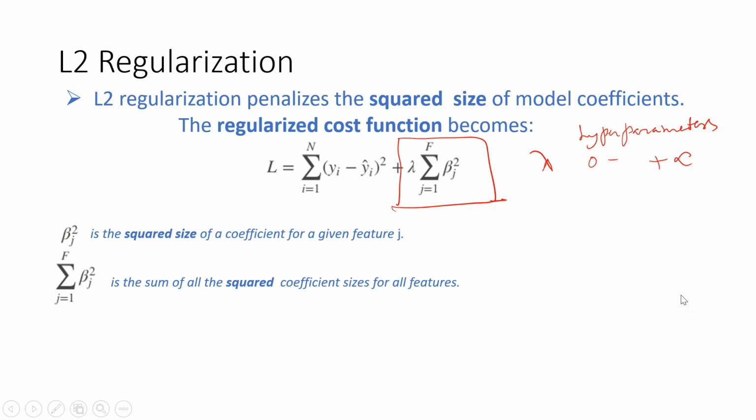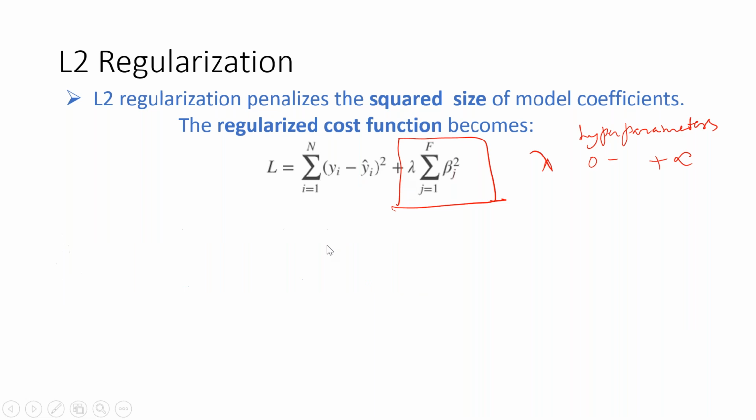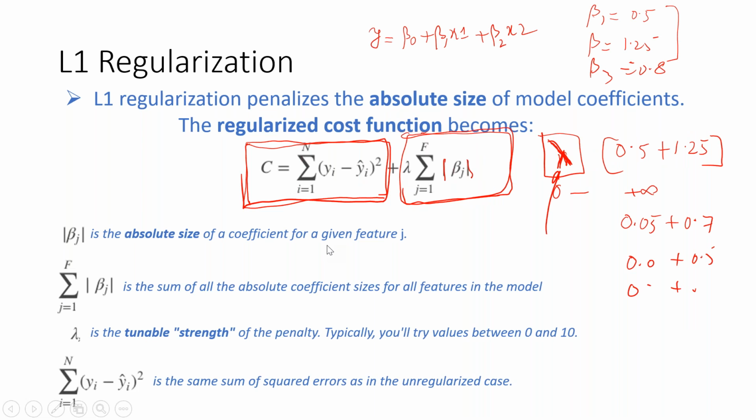But sir, how does it relate to the betas? How will it bring down the betas? It brings them down because of the way it is added. Let us take an example: with only the cost function, it was calculated as beta 1 and beta 2 as 1.25 and beta 3 as 0.8.